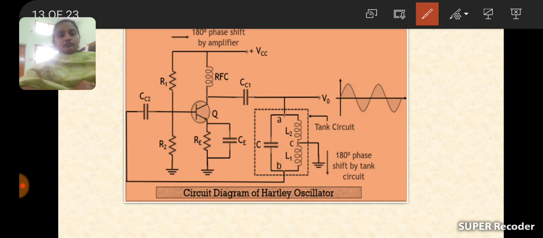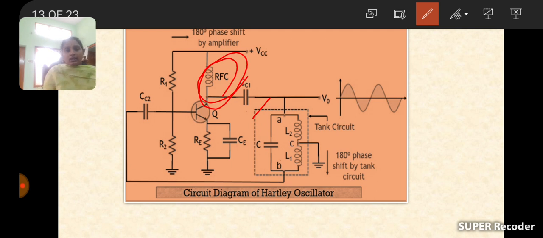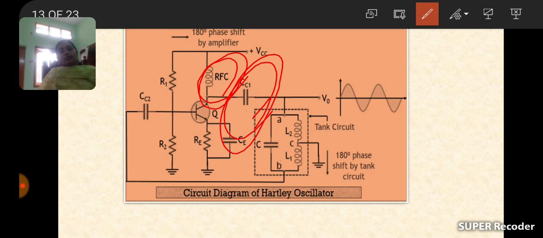For that purpose we are using the RFC, radio frequency choke, across the collector of Q. And one more element is there, CC1. CC1 indicates a coupling capacitor, used to connect the output of one stage to the input of the next stage.